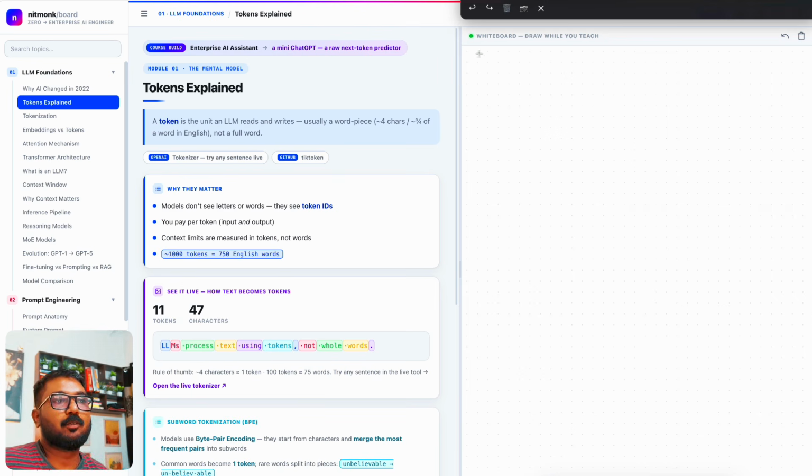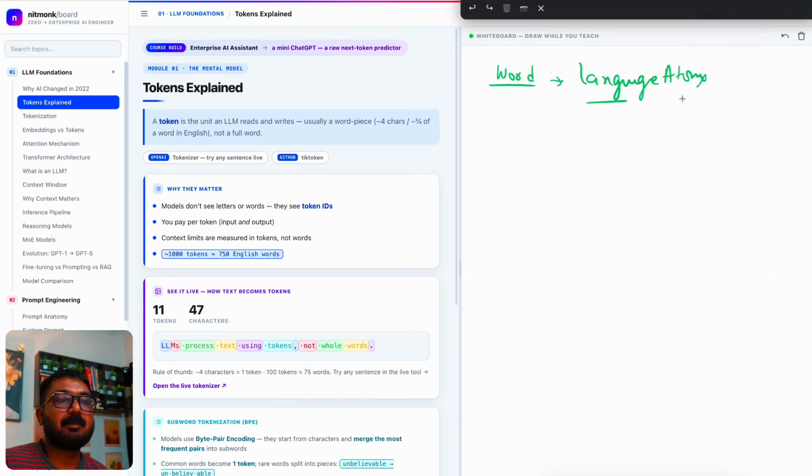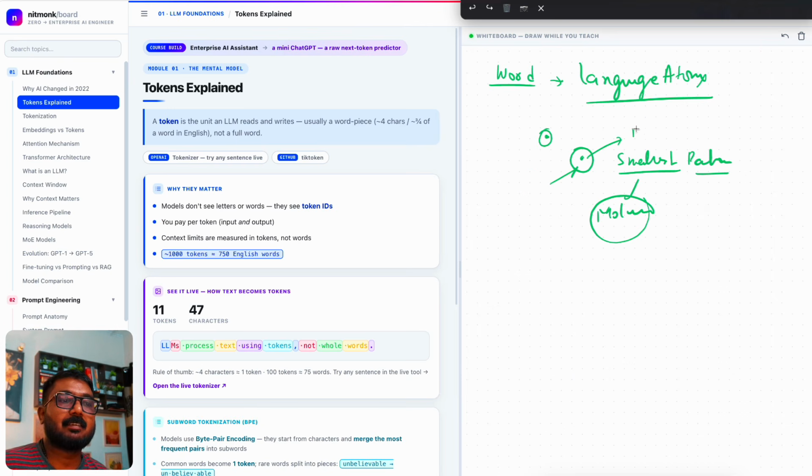So once you try to understand tokens, every time think of a word as a language atom. We know that an atom is not the smallest particle possible in a molecule, there are other smaller particles like neutron and electron.